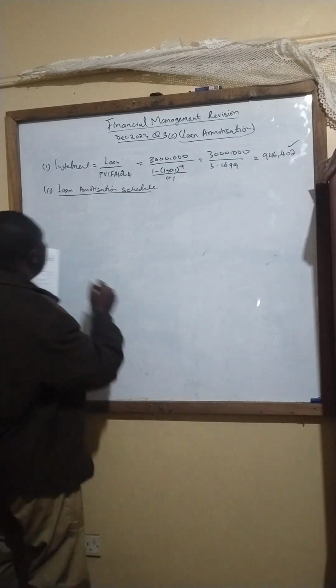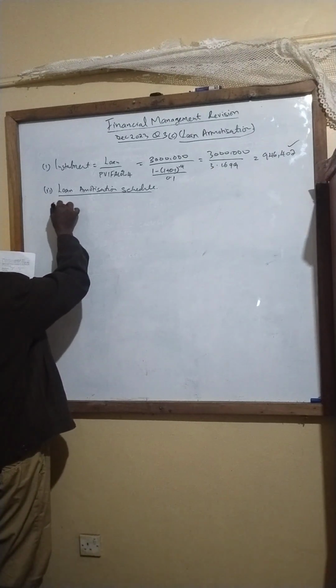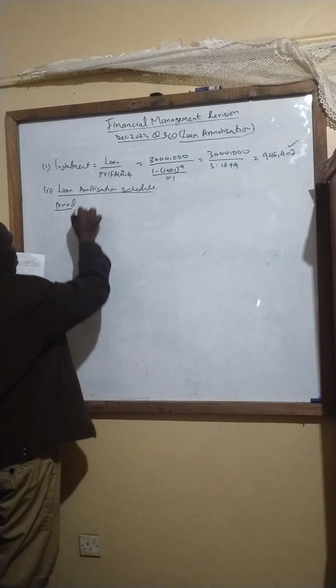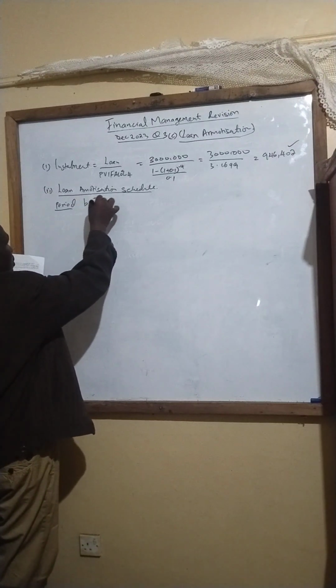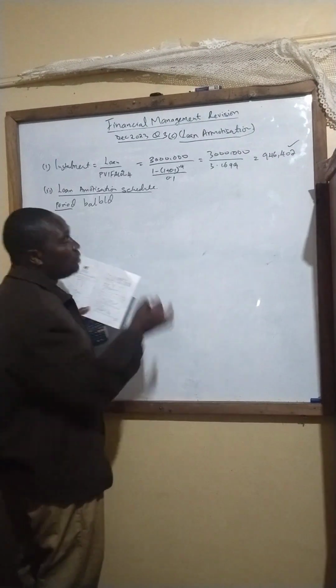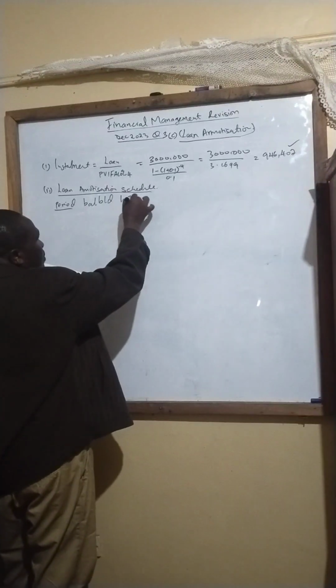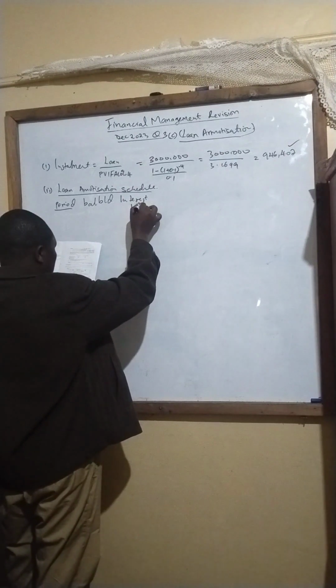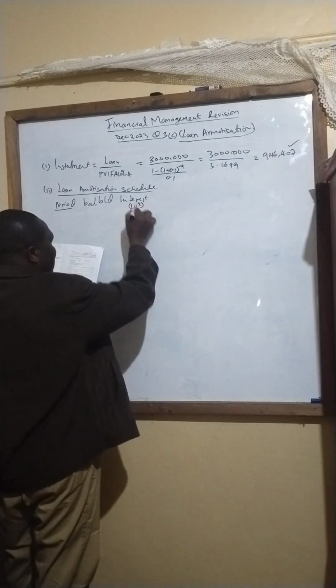First part of the format will take the period. Immediately after the period, we will have the balance brought down of the loan. Then immediately after balance brought down, we have the interest, in this case at the rate of 10%.